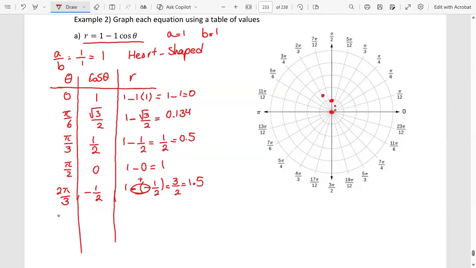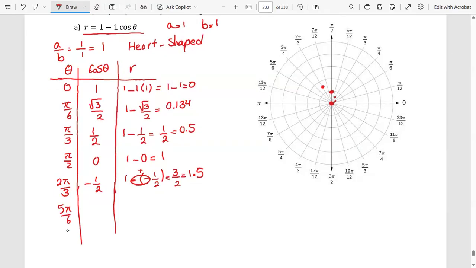If I replace 5 pi over 6, I know that the cosine of 5 pi over 6 is negative root 3 over 2, and 1 minus negative root 3 over 2 is 1 plus root 3 over 2.